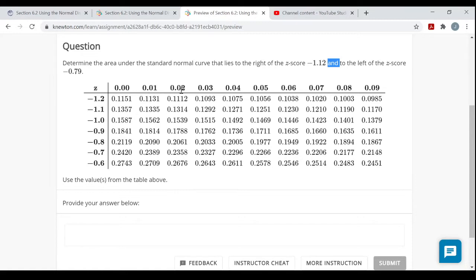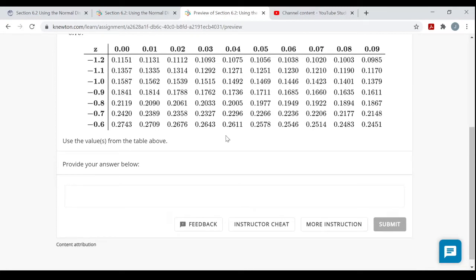So negative 1.12 gives 0.1314. All the numbers in the bulk of the table represent areas to the left of that value. Let me show you what I mean with a piece of paper.